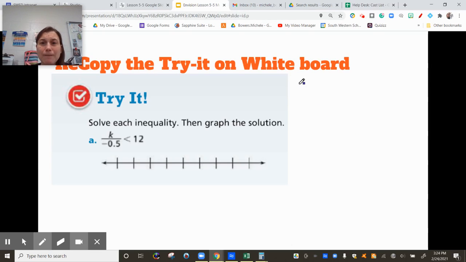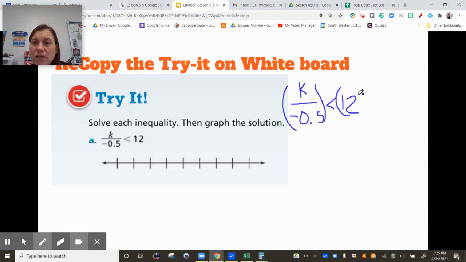Welcome back. I have k divided by negative 0.5 less than 12. If you haven't already paused to try this yourself, you can pause now and try it and then come back. But if I'm going to solve this, the opposite of division is multiplication. So I'm going to have to multiply both sides by negative 0.5.